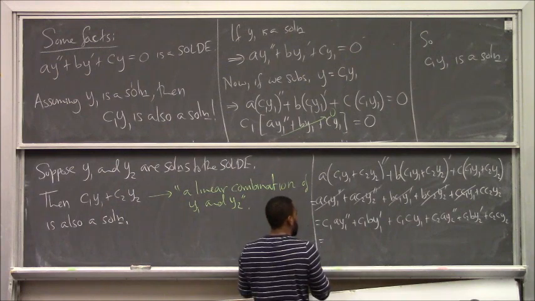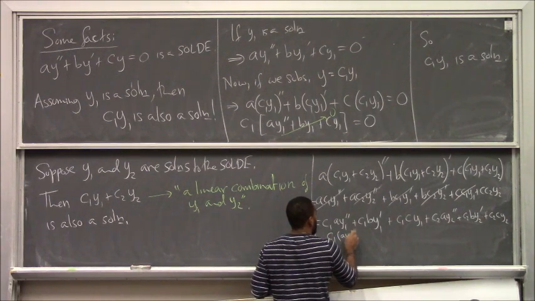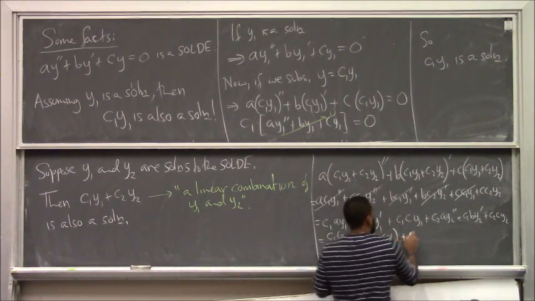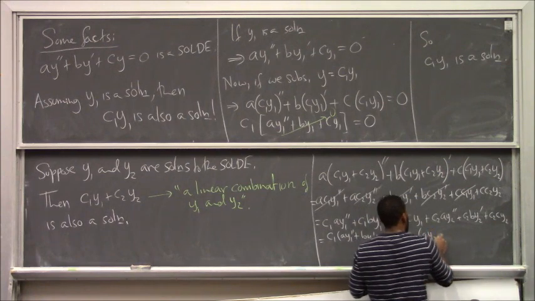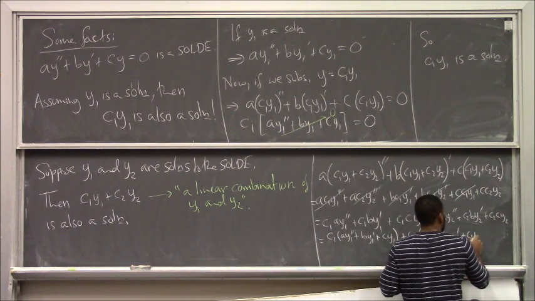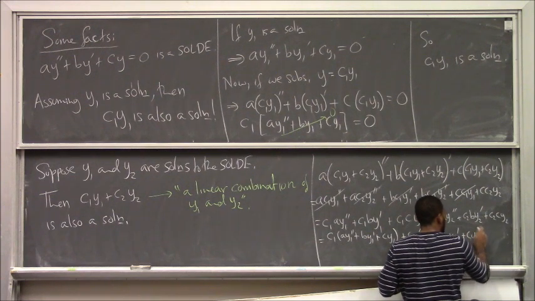This of course gives us C1 times (A y1 double prime plus B y1 prime plus C y1) plus C2 times (A y2 double prime plus B y2 prime plus C y2).